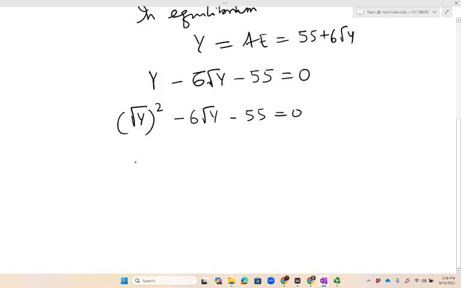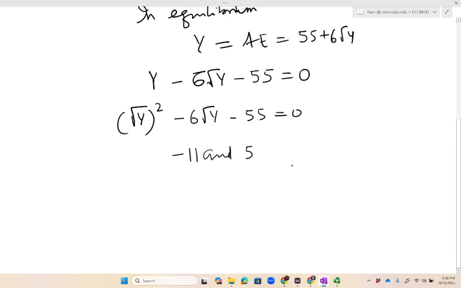There are multiple ways of solving this. One particular way is to come up with two real numbers such that when I multiply them, the answer is negative 55, and when I add them, the answer is negative 6. Looking at these two requirements, you can see minus 11 and plus 5 are the factors.